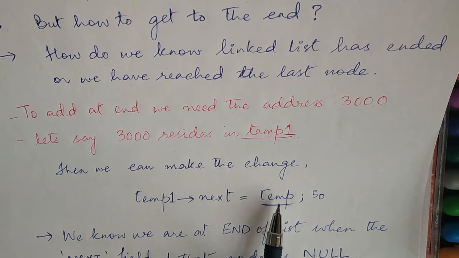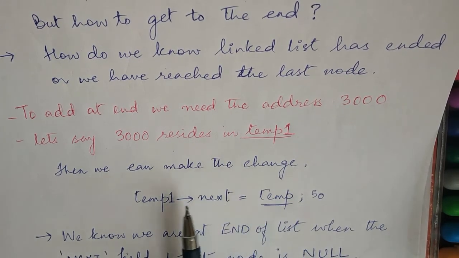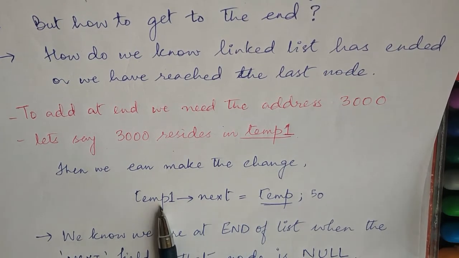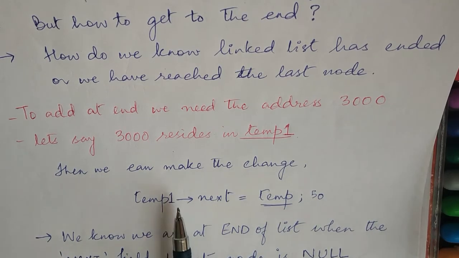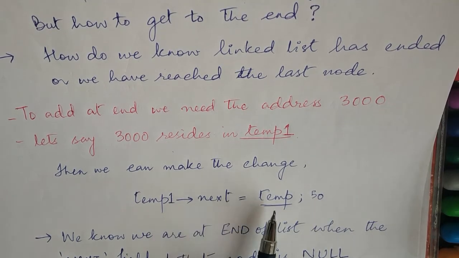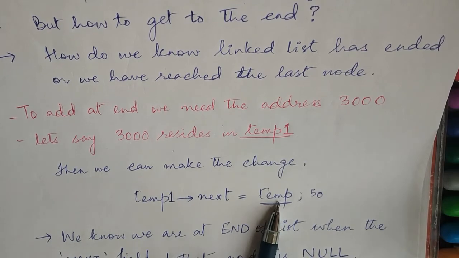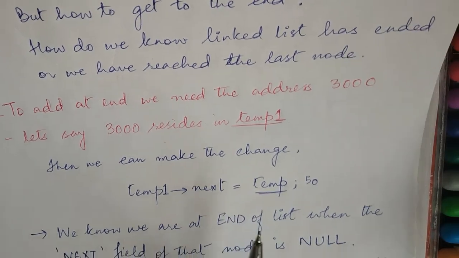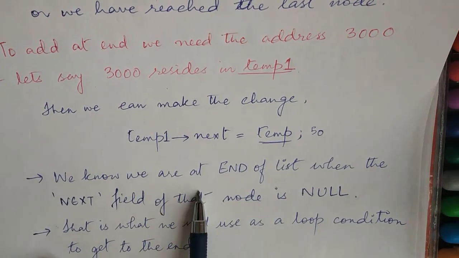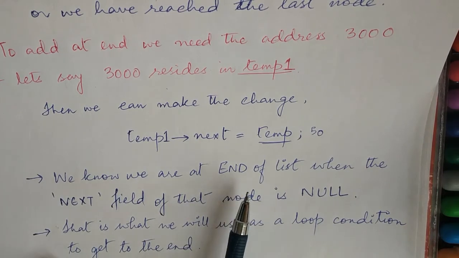We'll say put the address of this node which has 50 in temp1 to next, and temp1 is 3000. In the next field of 3000, put the address of temp, and that is how we'll do add in the end.